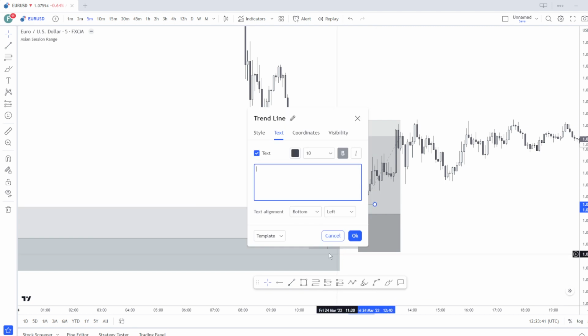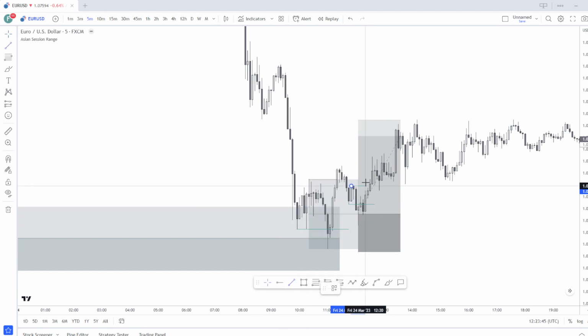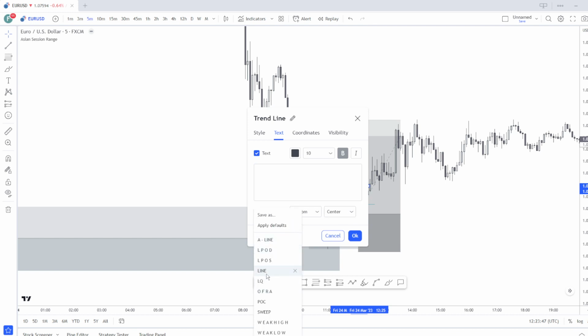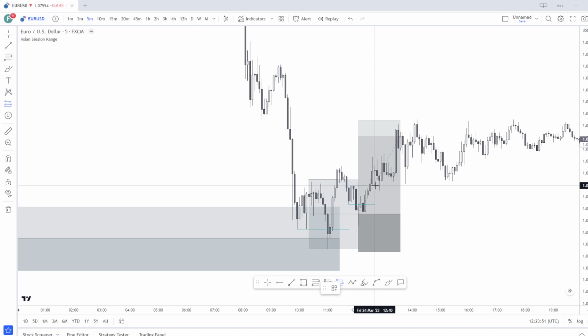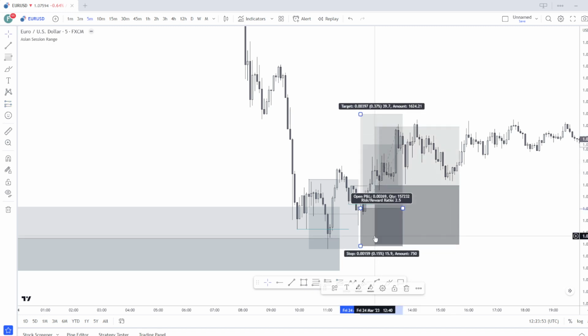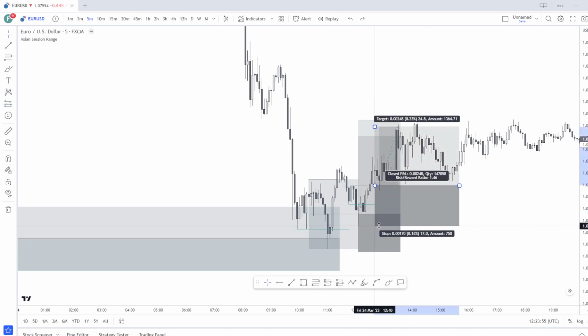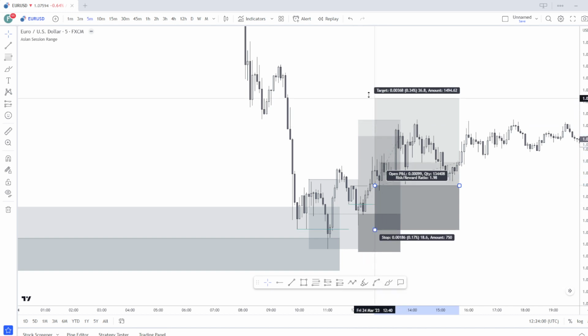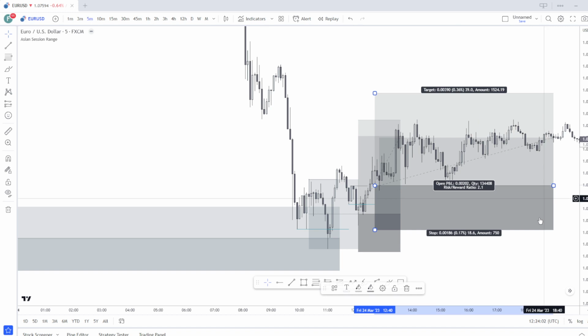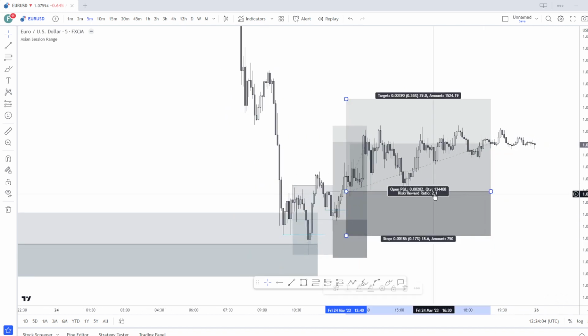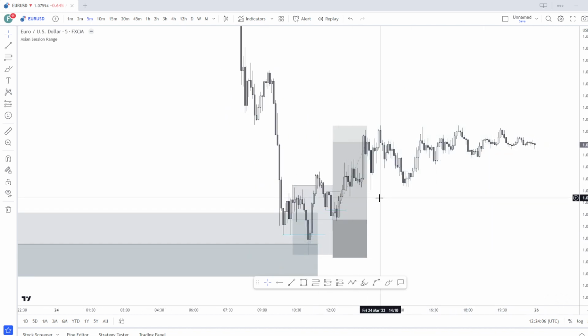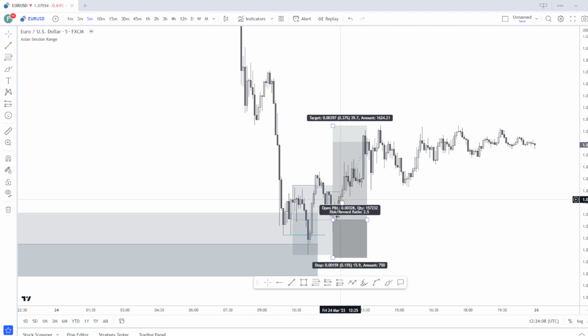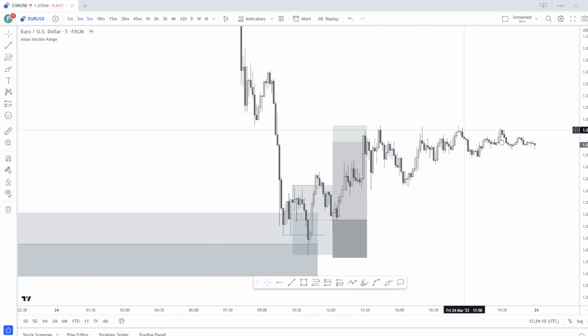Look, bang, sweep, break, bang, long position here, on the move that swept liquidity. Obviously this one didn't make it as of yet, but there you go, there's your confirmation still. It's nice. Very good, very nice.